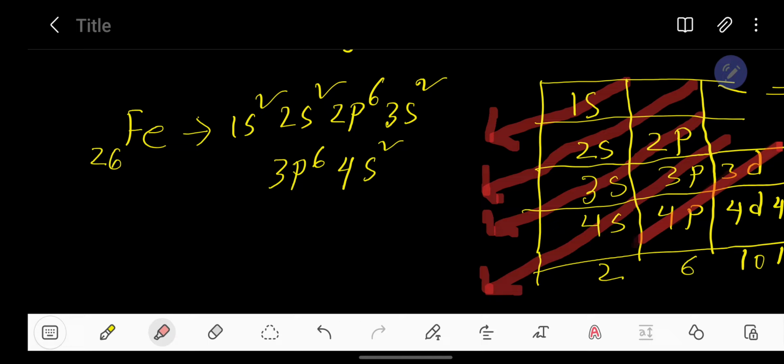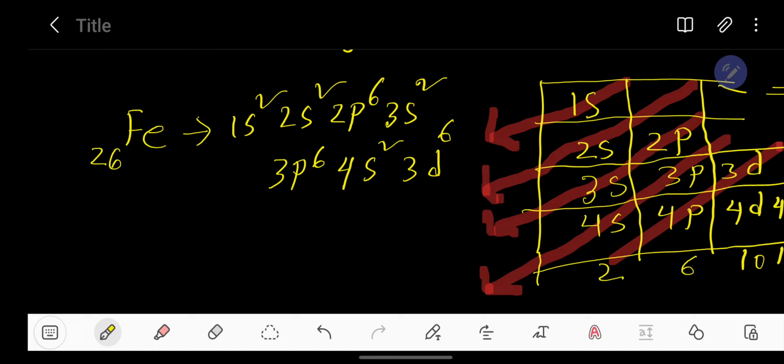In 3d you can place 10, but here you have only 6. So 20, then we have 6, 26, right?